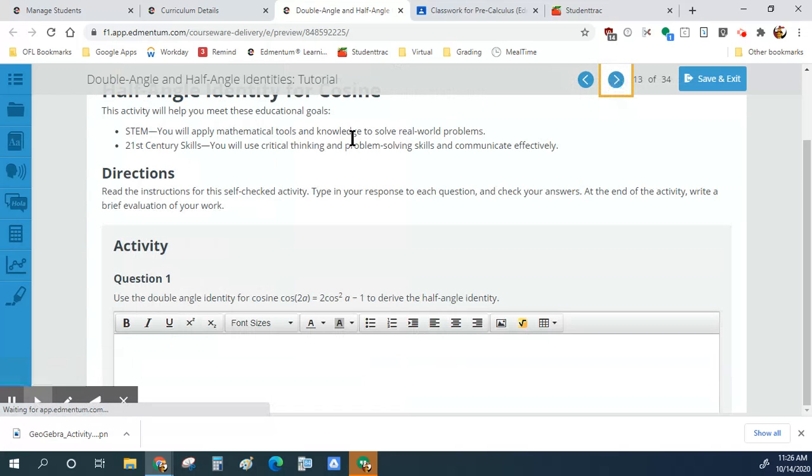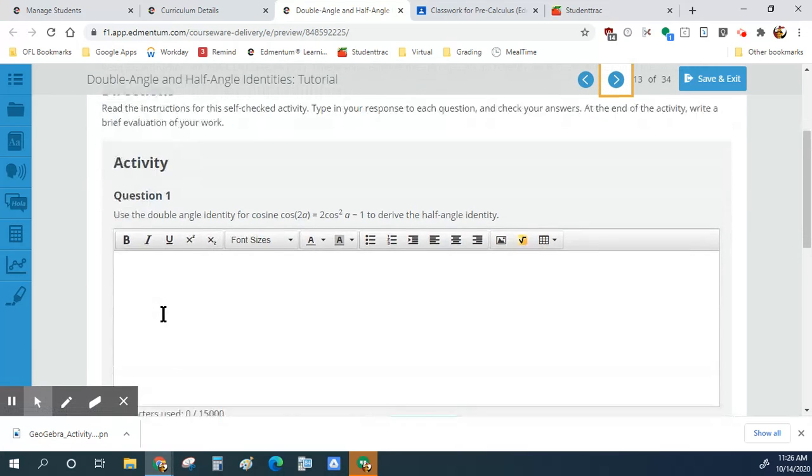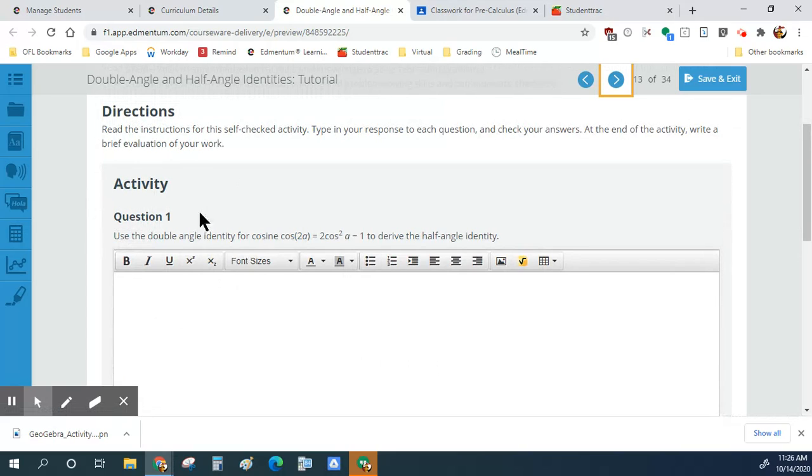Let's see. Maybe they'll say something different. Okay, so they want us to actually derive these. So I think that'll help out a lot. So we're going to derive the half angle formula. If we want to derive this, I'm going to replace this A, and this 2A.